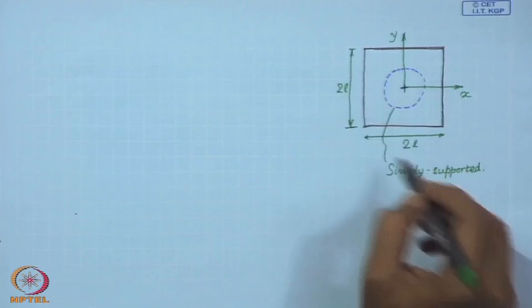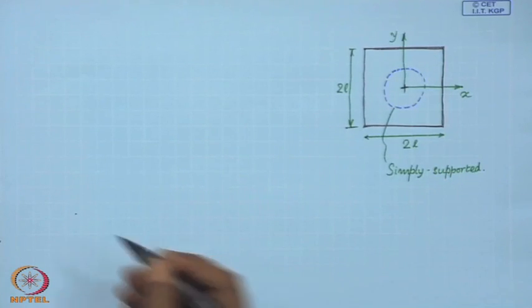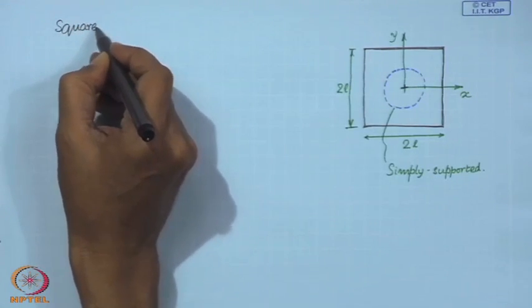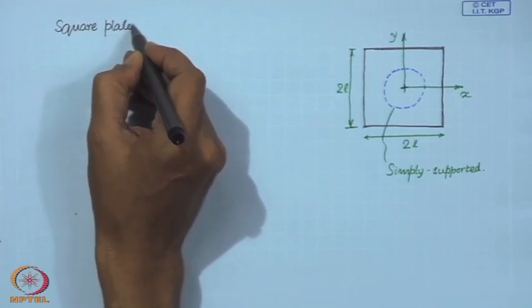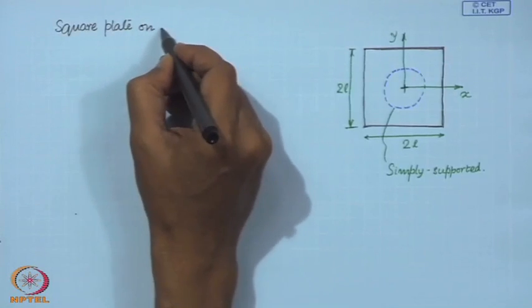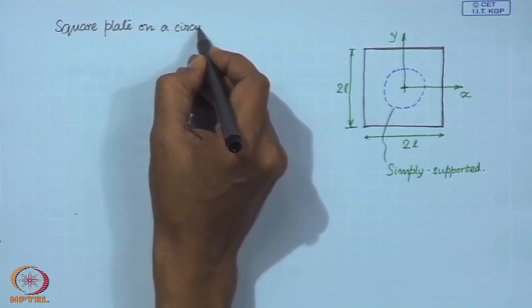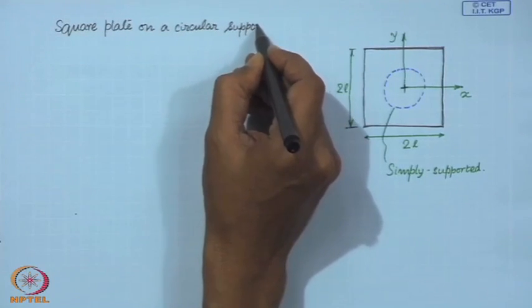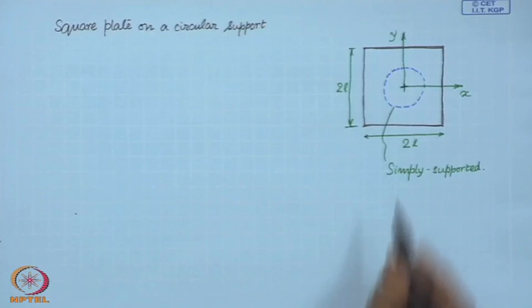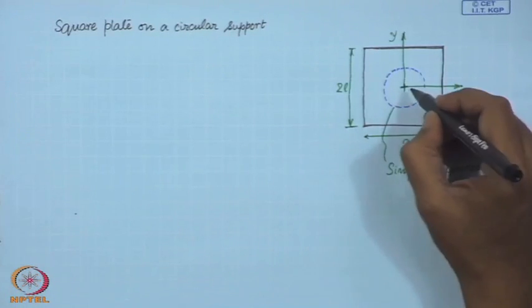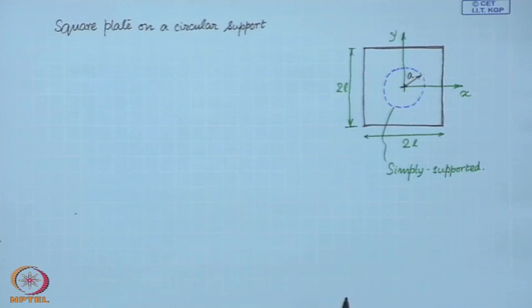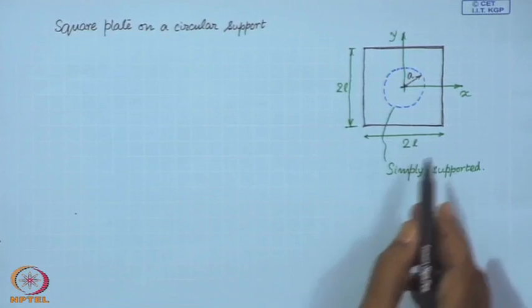So, we are looking at a square plate on a circular support. The radius of this support circle is A, and the side is 2L.